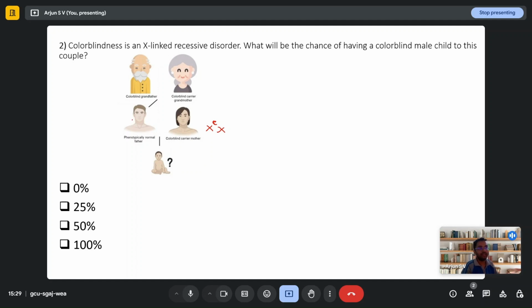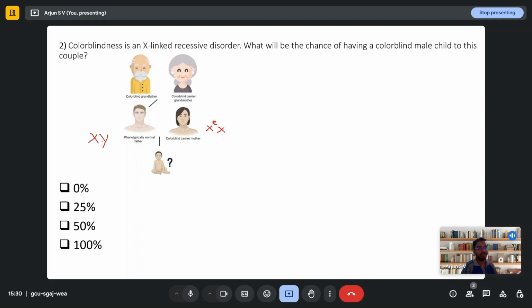We also know that for an X-linked recessive disorder, a male needs to have only one X chromosome. A father will have XY. If he actually had color blindness he would have X^C Y, but he is normal, so his X chromosome will also be normal. So we have XY and X^C X. They are asking about the chance of having a colorblind male child.